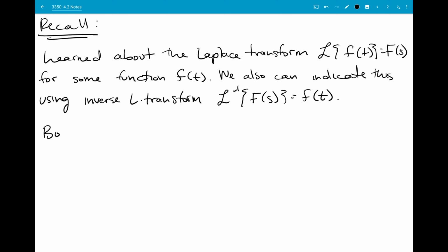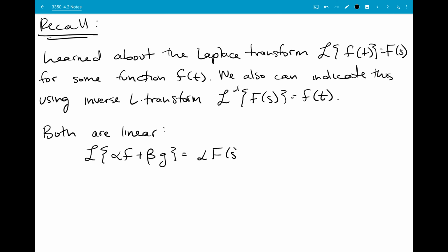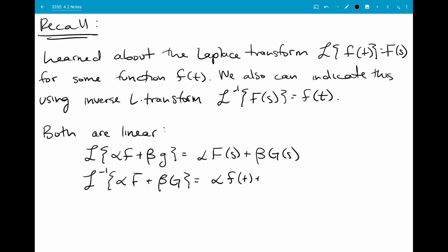And then an important fact is both are linear. So L of alpha f plus beta g is equal to alpha L of f plus beta L of g. And inverse Laplace of alpha F plus beta G is also equal to alpha times inverse Laplace of F plus beta times inverse Laplace of G, just in those different domains.